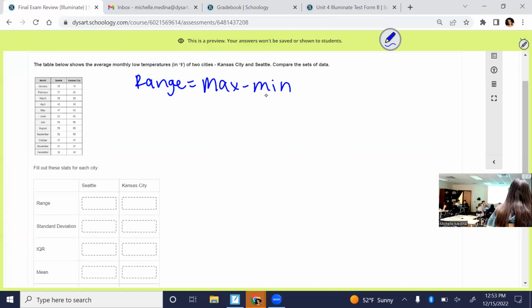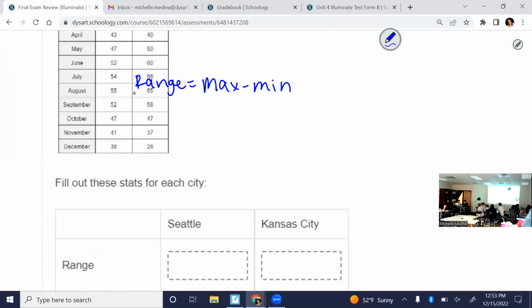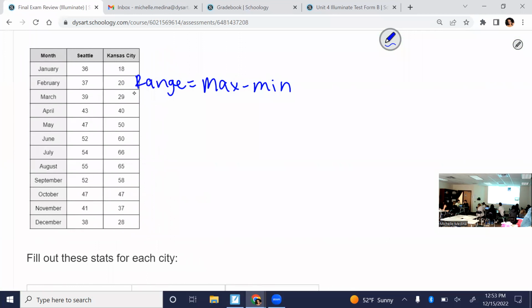Good. So you have to find it for each one. So I guess we'll find it for Seattle first. What's my biggest number in that data set? For Seattle? 55 for Seattle is the biggest. And then what's the smallest for Seattle?